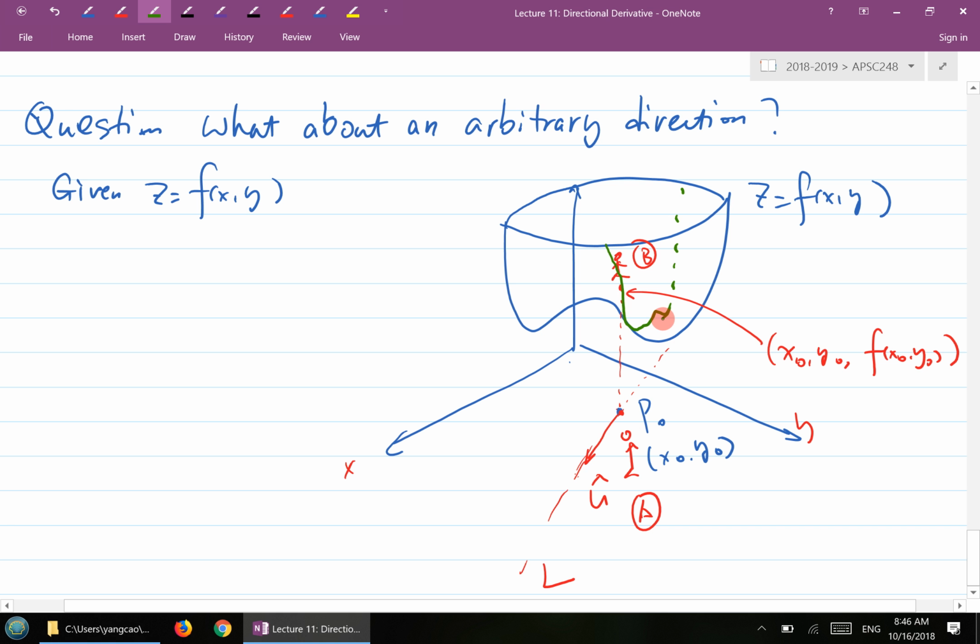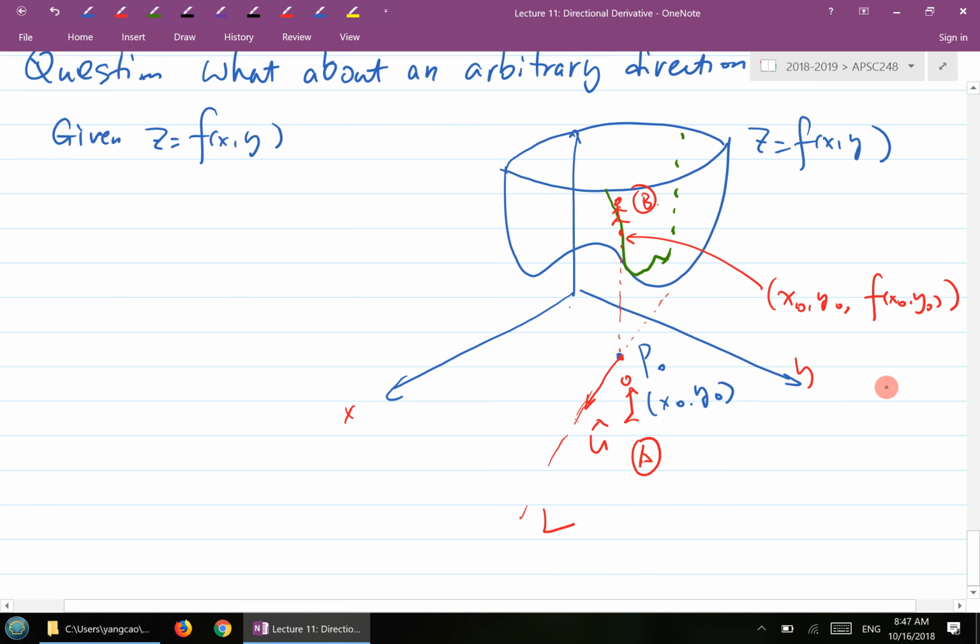It's like person B is climbing the hill, and whenever you command a certain direction, he's going to have to climb in a certain direction. If you keep going along this straight line here, then person B will eventually go along a certain curve like this.